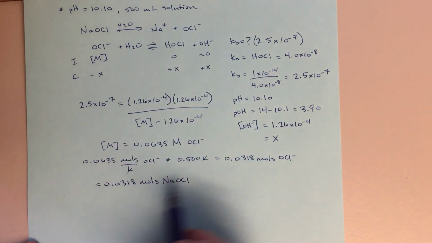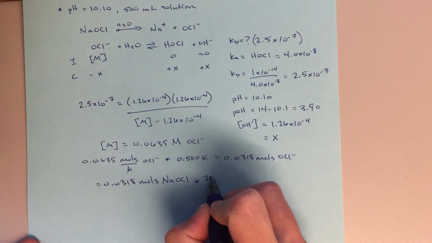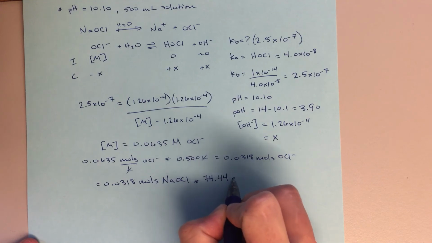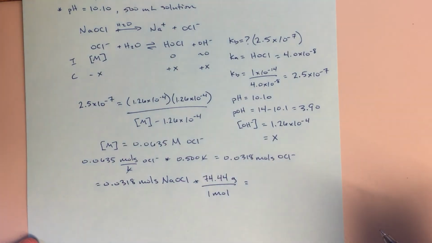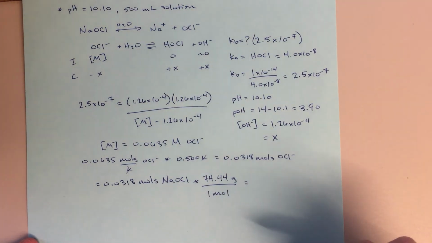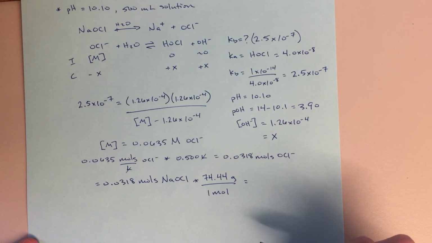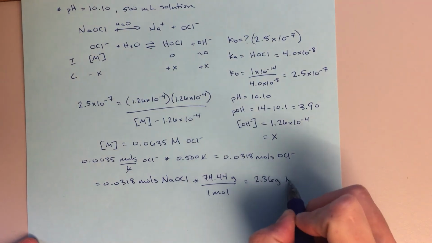Same thing's going to happen here, but in the opposite direction. The next thing I'm going to do is figure out the number of grams of sodium hypochlorite that I would need, and I just looked up the molar mass of sodium hypochlorite, and that gives me 2.36 grams.